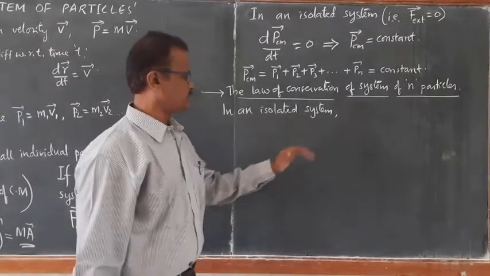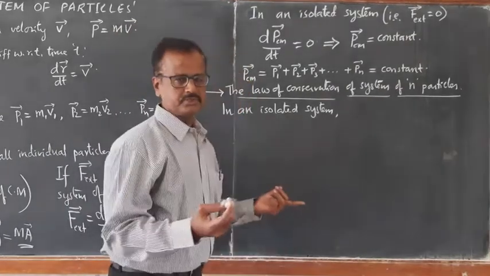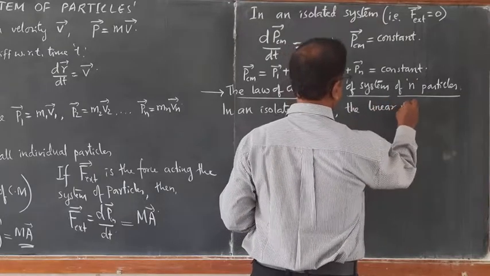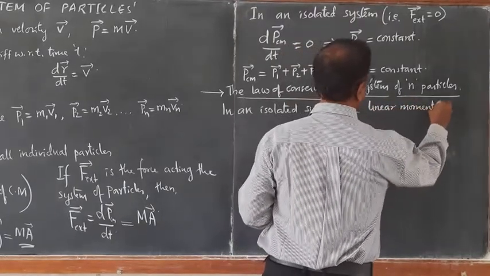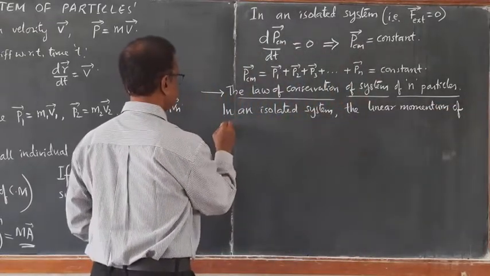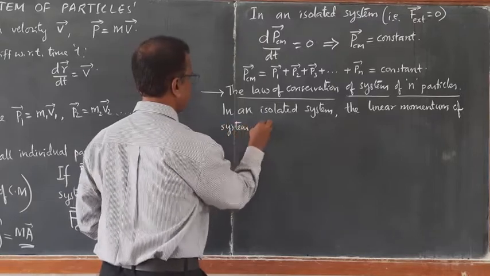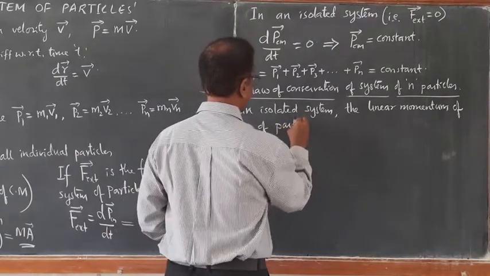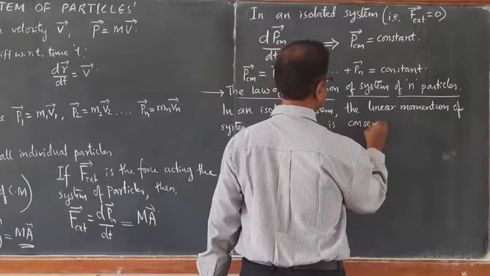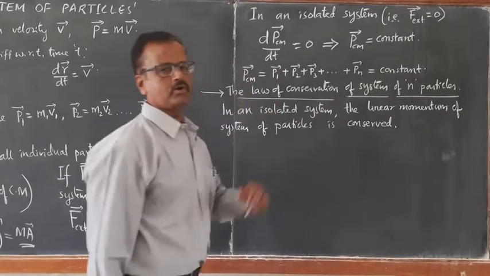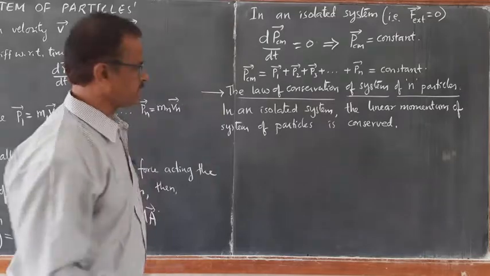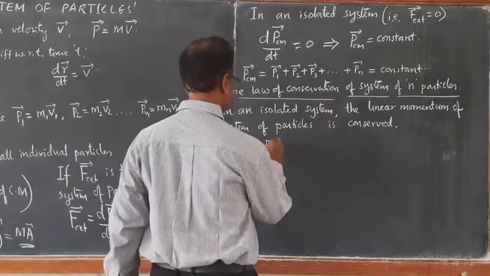Then in an isolated system where external force is 0, the linear momentum of system of particles is conserved. It remains constant. What does it mean? Let us say Pcm is equal to constant.